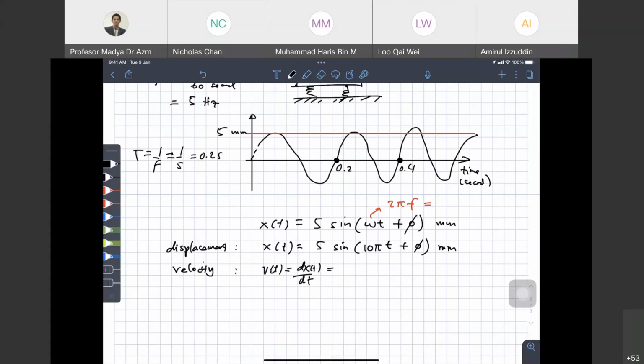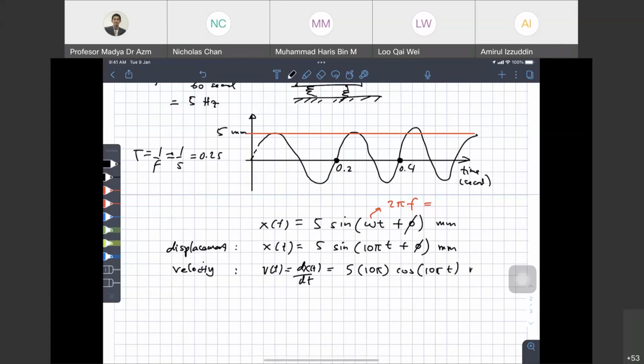So you have 10 pi in front of the time, so it can go to the front. So 5 multiplied by 10 pi. If you differentiate sine, it will be cos. So cos 10 pi t.